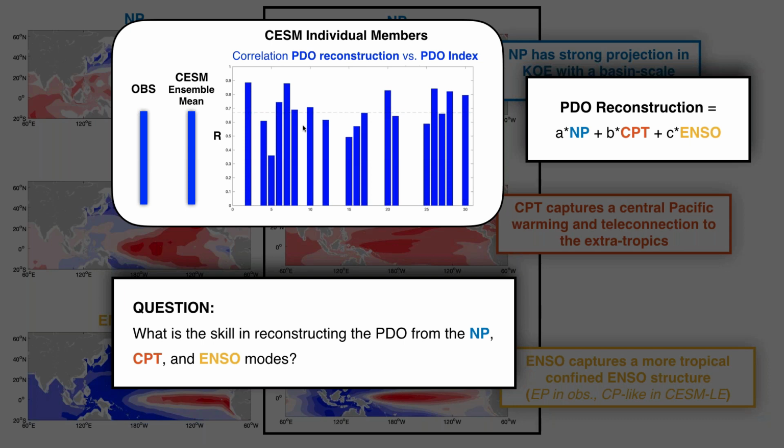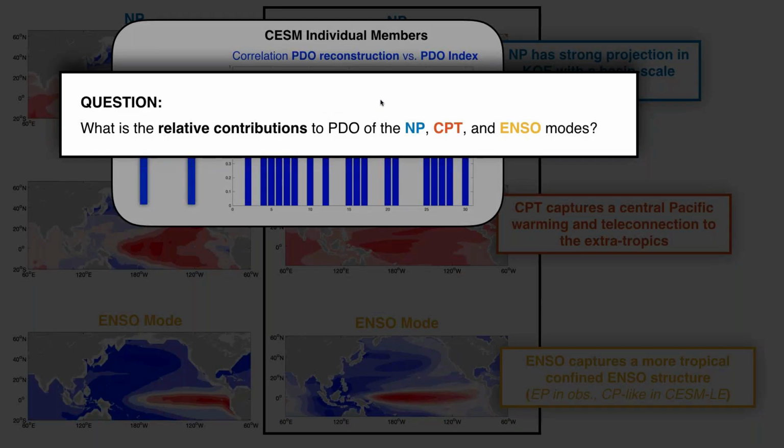No. For each model, the PDO index is reconstructed with the time series of the equivalent North Pacific mode, Central Pacific teleconnection mode, and ENSO mode, and each of these modes has a different weight. So A, B, and C are the weights in the reconstruction. Okay, so if you add them together, they sum to one. And in fact, I think the next set of slides is about how each model is, go ahead.